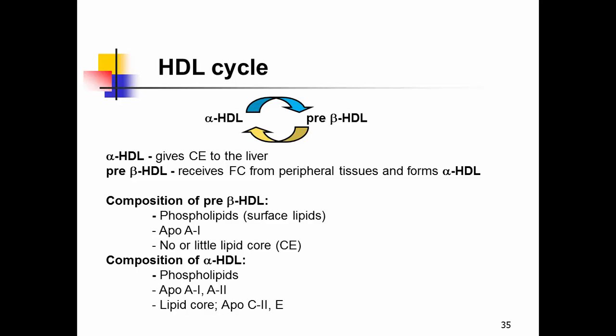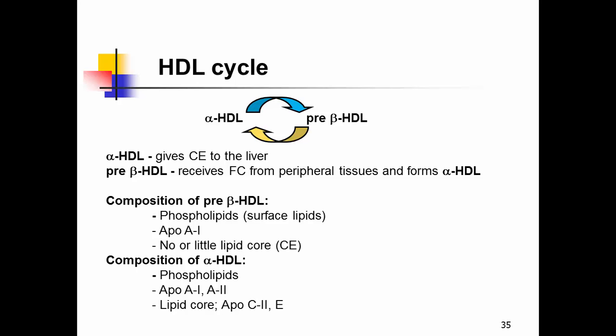Alpha HDL gets enough cholesterol, forms cholesterol esters, and then gives these cholesterol esters to the liver. That means the alpha HDL is picked up by the liver. And pre-beta HDL receives free cholesterol from peripheral tissue and forms alpha HDL.